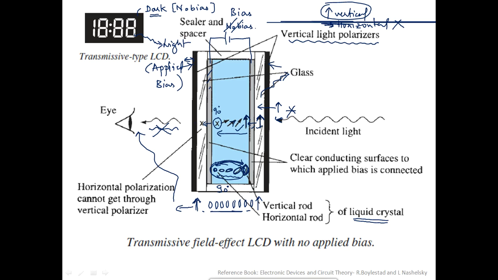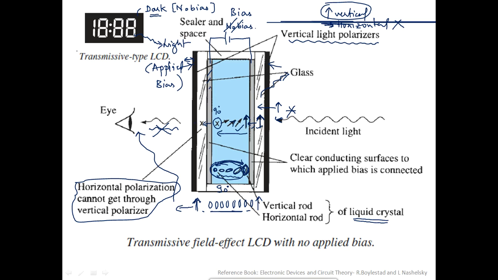There is no conversion from vertical to horizontal component of light, so the entire light will be allowed to pass. You can very clearly observe here, horizontal polarization cannot get through the vertical polarizer, due to which the dark region appears. Whenever light crosses, we get the illuminated version. I hope this principle is clear to you, students.